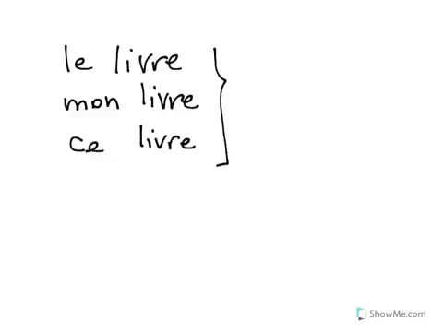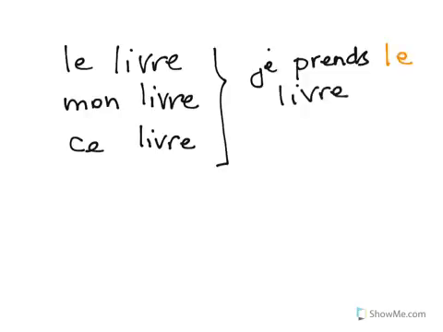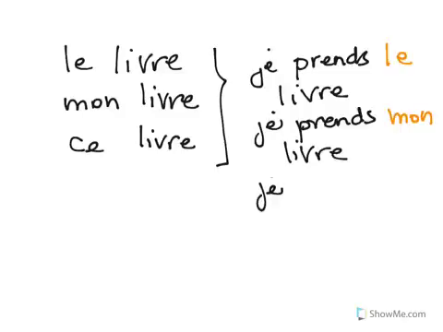And I can use sentences to say I take the book, je prends le livre. Or I can say je prends mon livre. I can say je prends ce livre. I take this book.